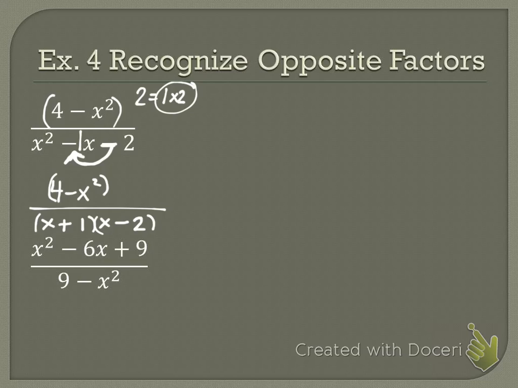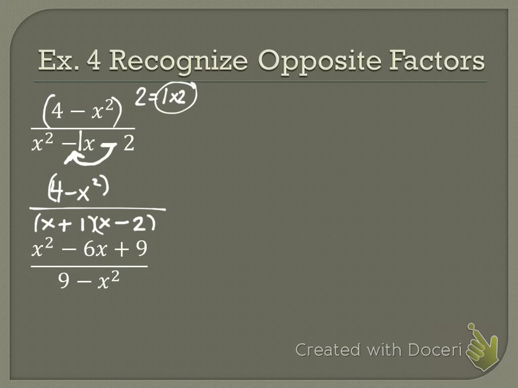Now you may say, okay, that still doesn't do anything for me. I've got 4 minus x squared. Now, anytime you have terms inside of parentheses, like our numerator here, ask yourself, can I take out a greatest common factor? Well, no, 4 and negative x squared, there is no greatest common factor. The next question you need to ask yourself is this the difference of 2 squares?